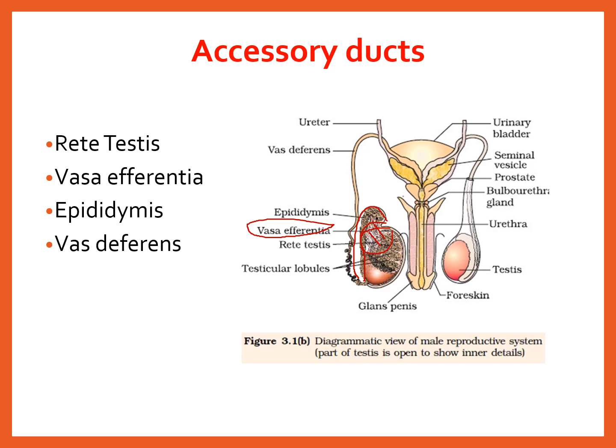From the epididymis arises this tubule, which is the vas deferens. So the sperms get matured in the epididymis. The testis synthesizes the sperms. They mature in the epididymis and are transported through the vas deferens to other parts.